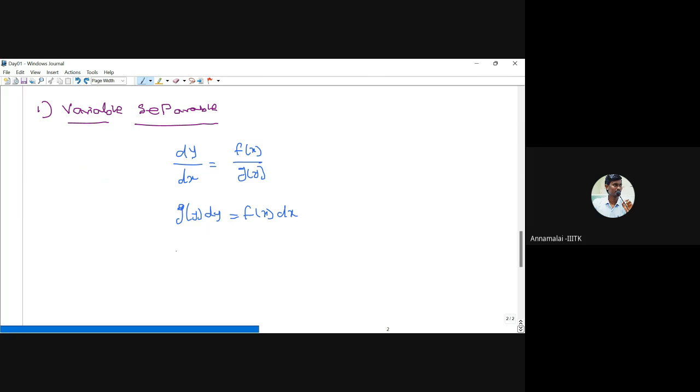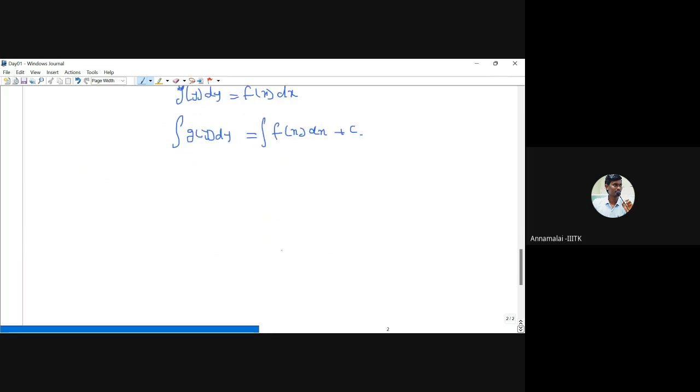On this side we integrate with respect to y, we get integral g of y dy, and on this side integral f of x dx. We can add some integrating constant c, so you get a solution. For example, consider the first order differential equation dy by dx plus (1 plus y square) by (1 plus x square) equal to 0.